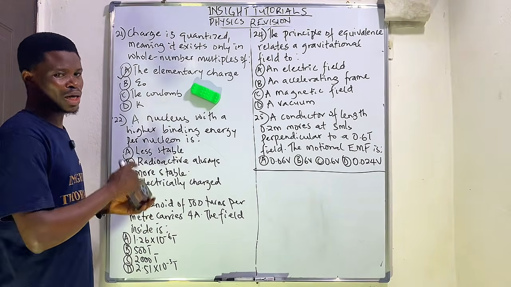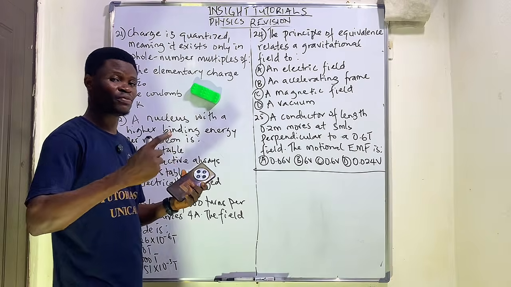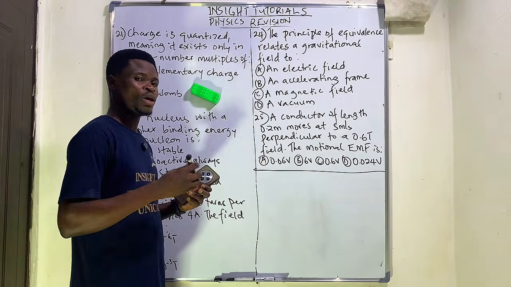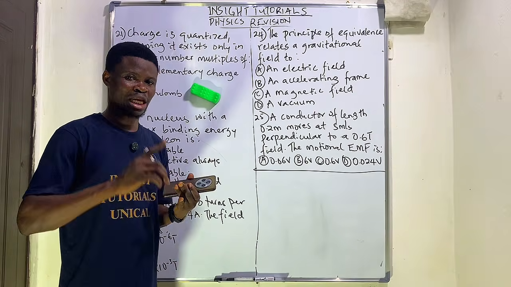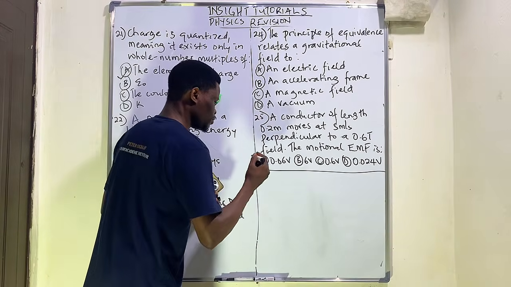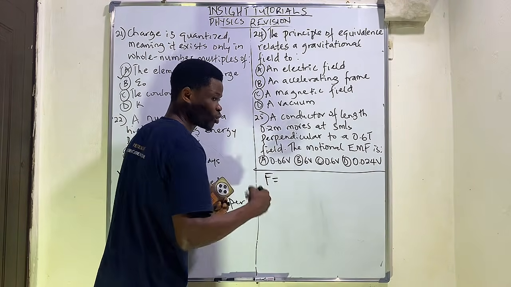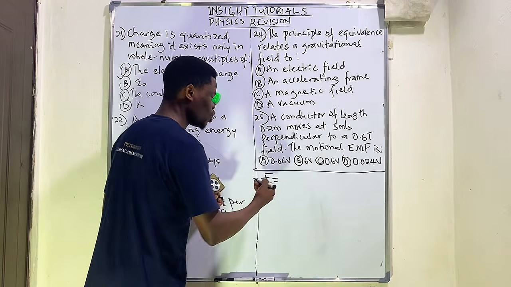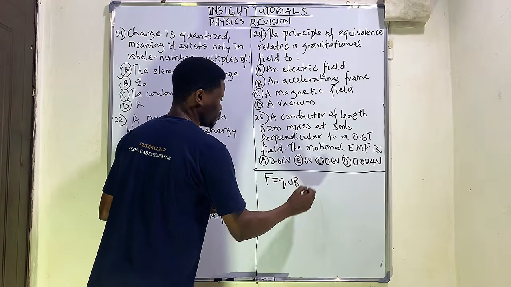Before we even calculate this, it's very important for you to know how to differentiate these formulas I'm about to write out. We have magnetic force of a moving charge. When there's force on a moving charge in a magnetic field, we say force is equal to QVB.